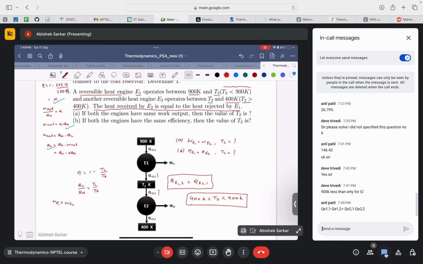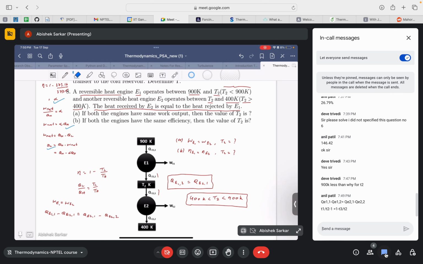So what Anil is trying to mention is that for heat engine 1 we will have QE11 minus QE12 would be equal to QE21 minus QE22. Sorry, I have misplaced the suffix. This would be 2.